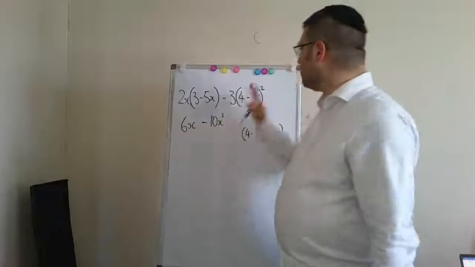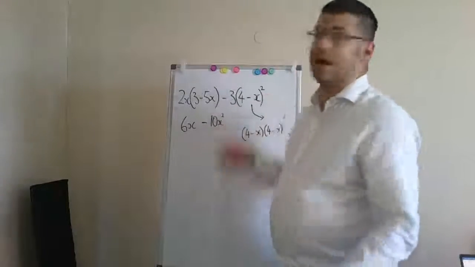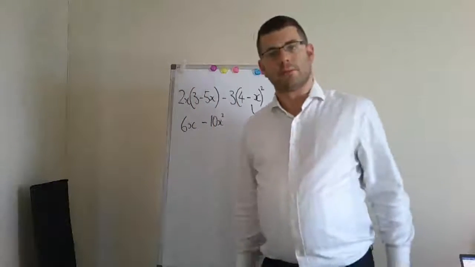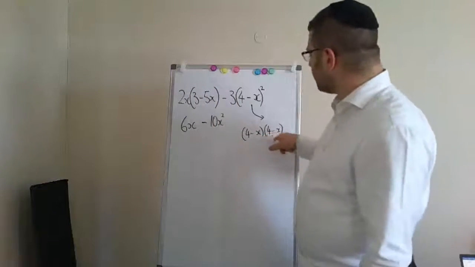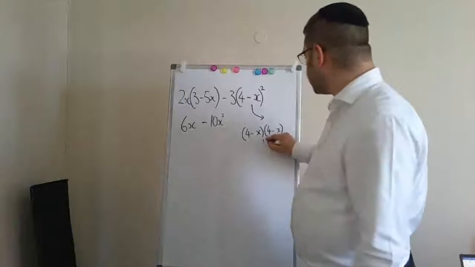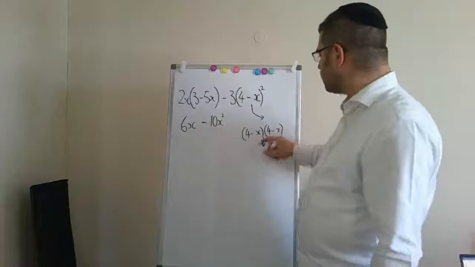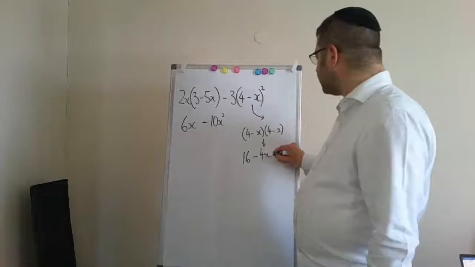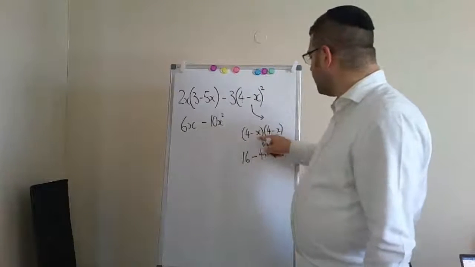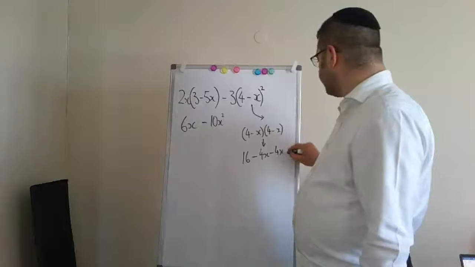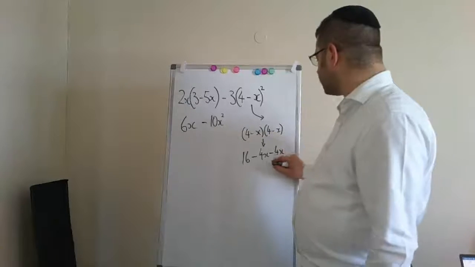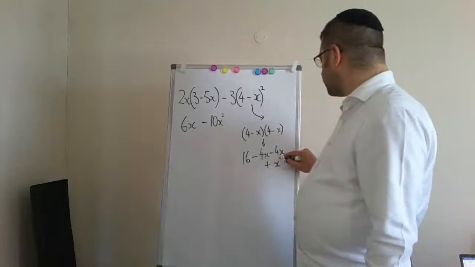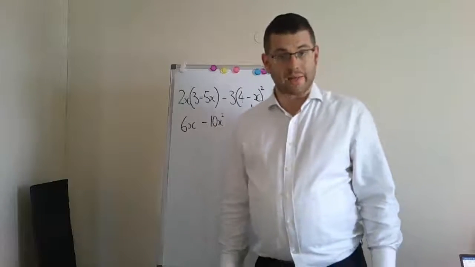By dealing with the squared first, you have to physically do the brackets. So always do brackets first, or hidden brackets. Remember, that's a bracket squared, that's a hidden bracket. Okay, do the brackets first, then we'll bring that in. So again, let's just work with this. We've got 4 times 4, 16, minus 4 times x, minus another 4x, minus x times minus x is plus x squared.